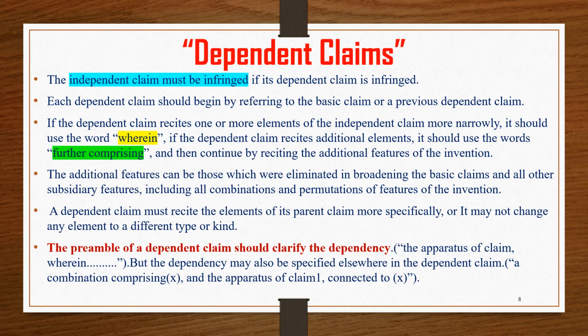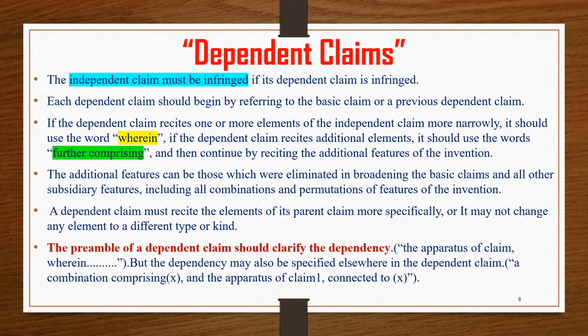Point number 5. A dependent claim must recite the elements of its parent claim more specifically, or it may not change any element to a different type or kind. And point number 6 is the preamble of a dependent claim should clarify the dependency.